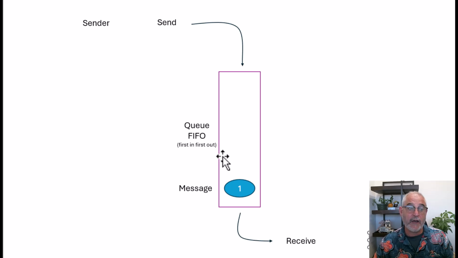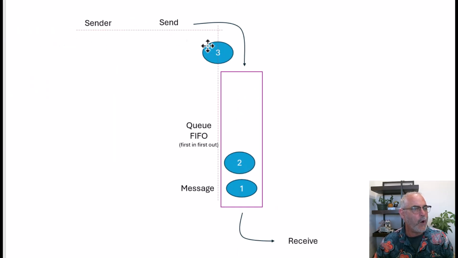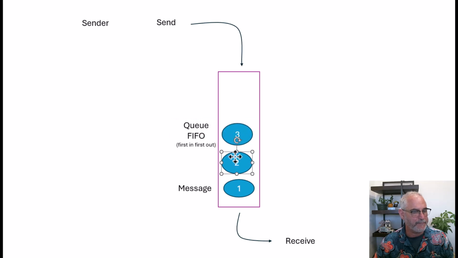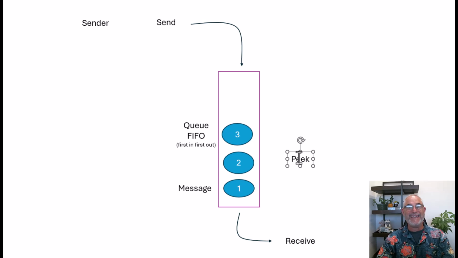So there's one other piece of vocabulary to know about. And let me send or enqueue a few messages. So what if you're the receiver and you are curious to know what's going on in the queue? You could always receive the first message, but what if you're curious about the other ones? So many queue technologies have a concept called peeking.